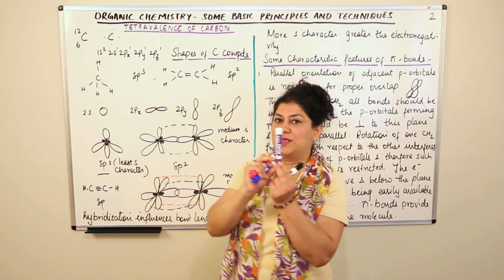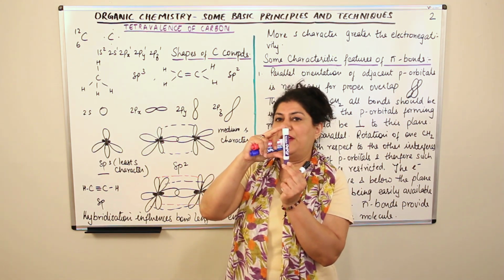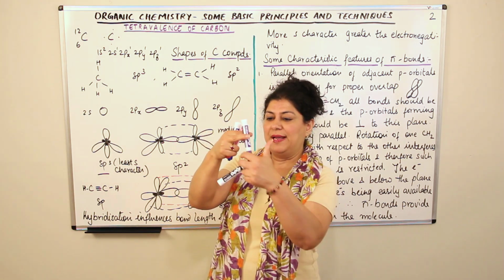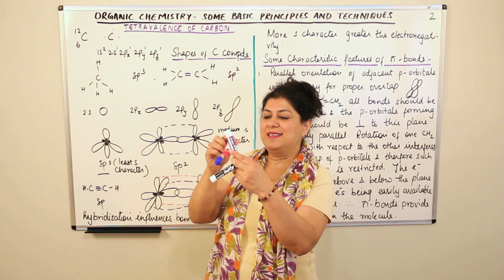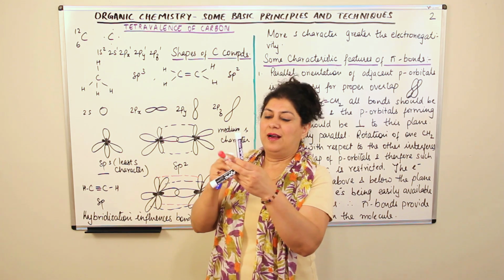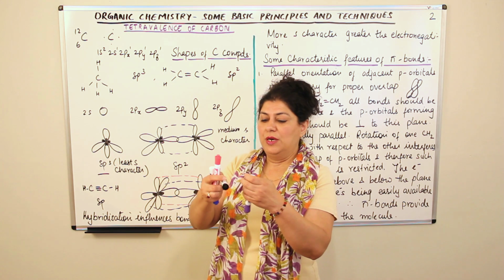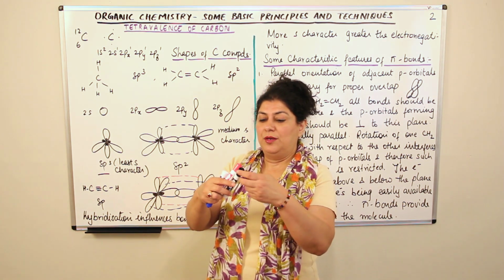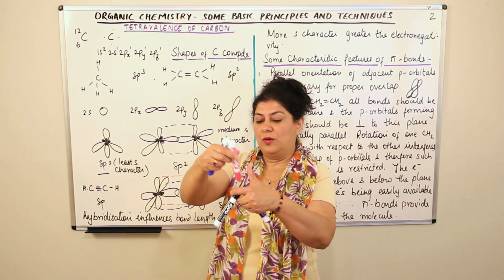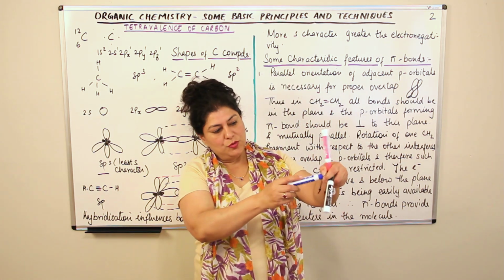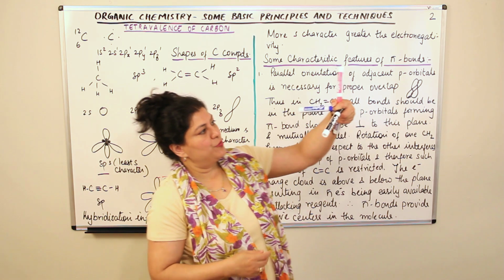In sp3, 25% is the S part and 75% is the P part. So you have the pen like this, I have it like this, I have it like this. It becomes a little difficult to hold it that way, but I'll hold it this way for you to understand how the structure is formed. Okay, so very difficult to show it this way.